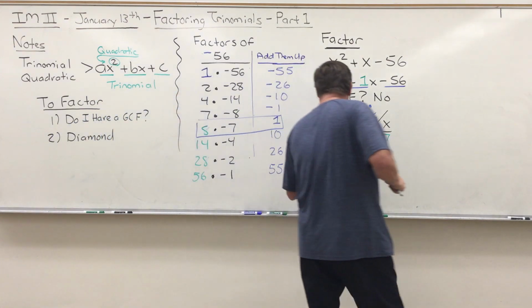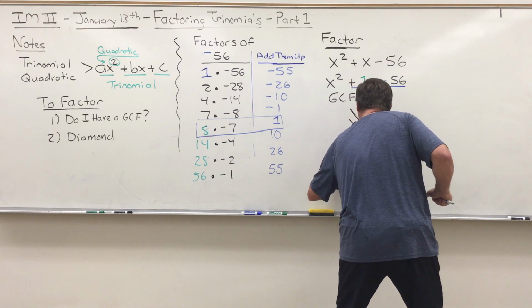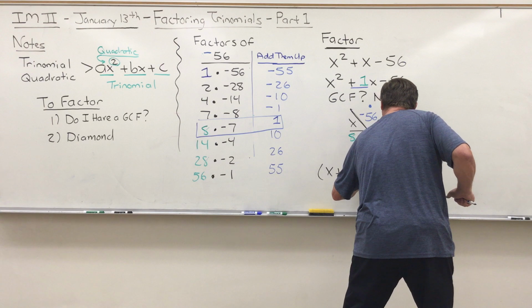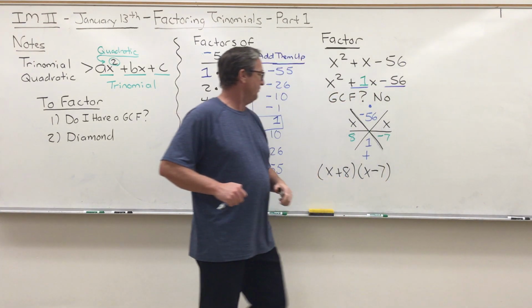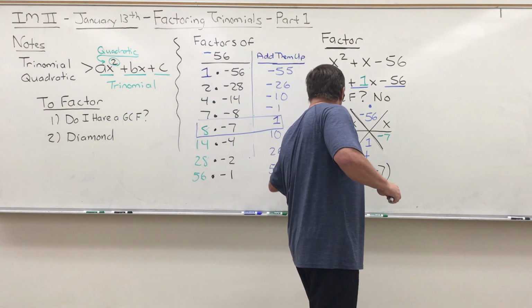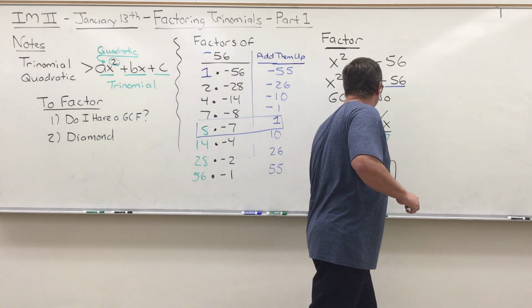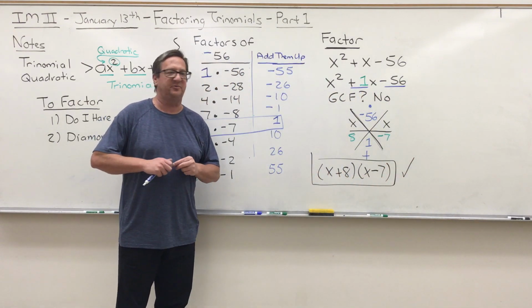And so once again, we have 8 plus negative 7. I would check that with FOIL.